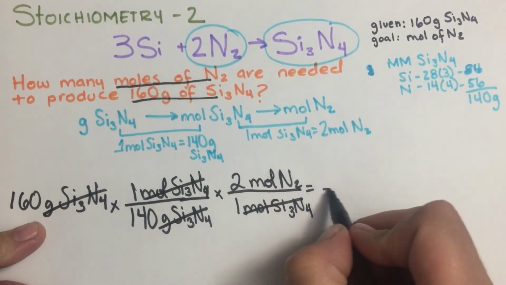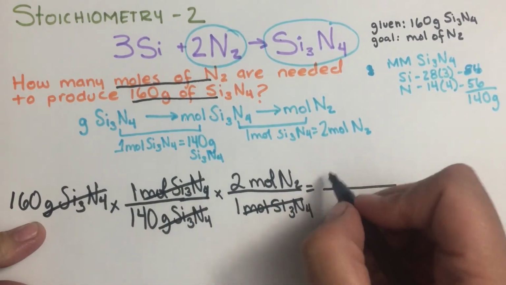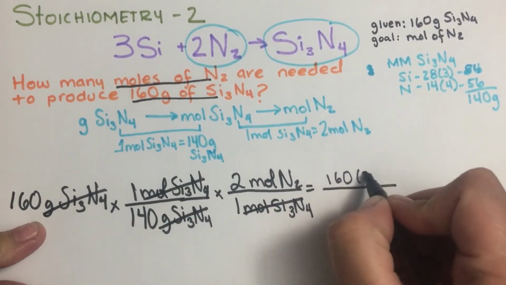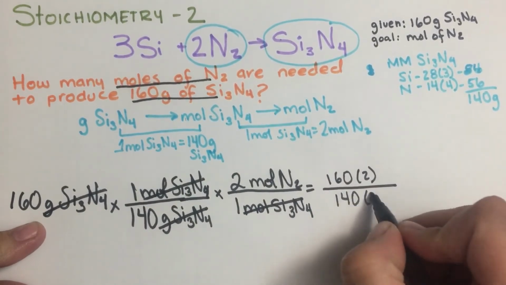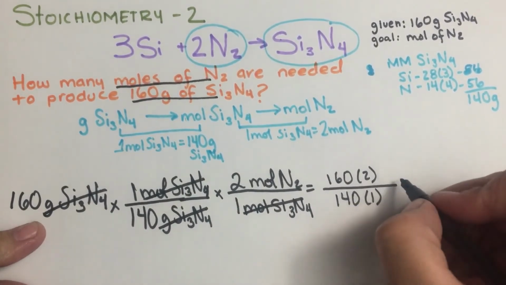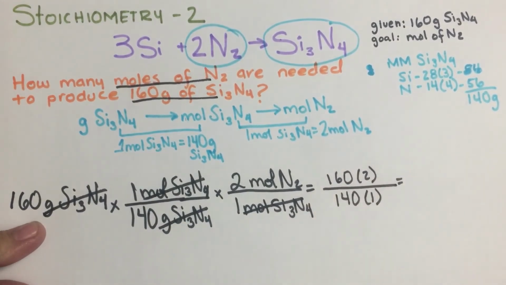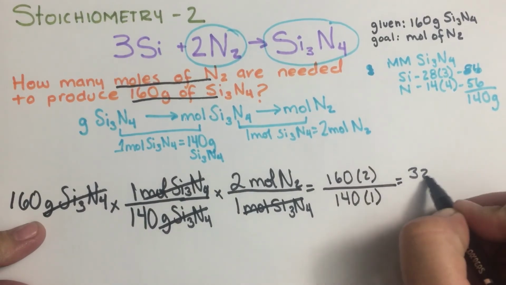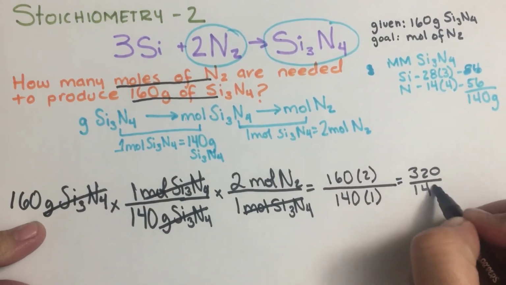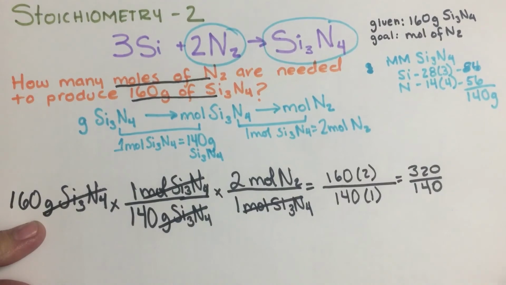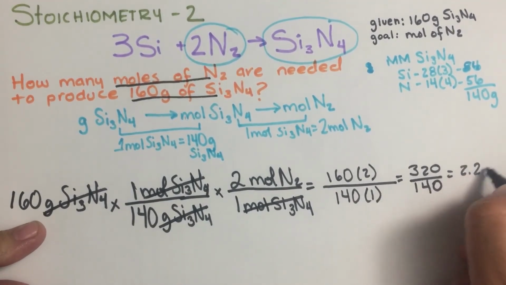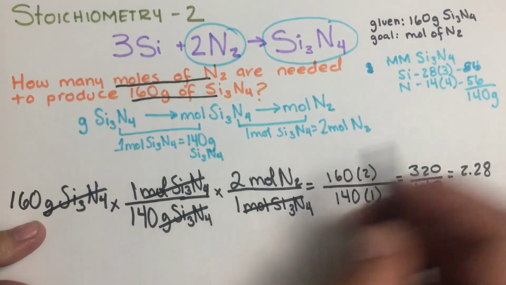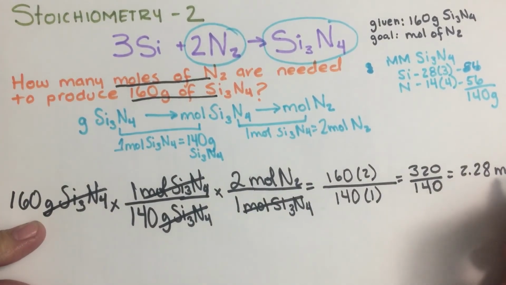So what do we do here? Multiply all your numerators, 160 times 2, and all your denominators, in this case 140 times 1. Which is going to be 160 times 2, 320, divided by 140, which is going to be 2.28, and then your units, moles.